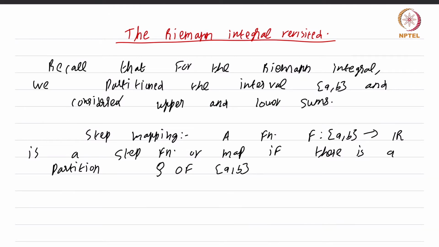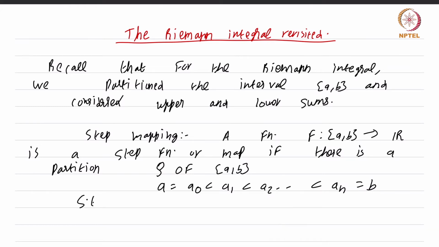Recall, a partition is just a collection of points from the interval [a,b]. We usually denote the partition like this: a = a0 < a1 < a2 < ... < an, and this an is equal to b.